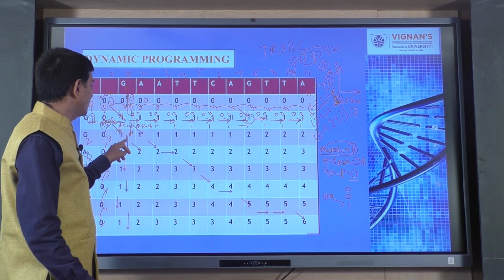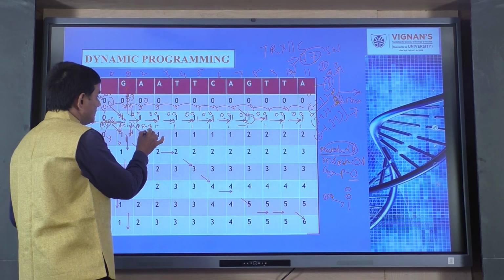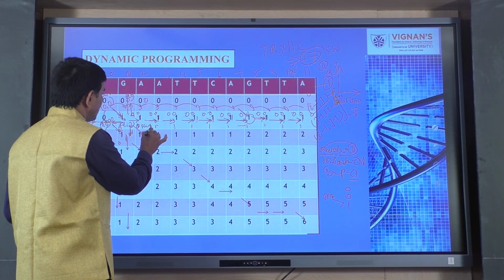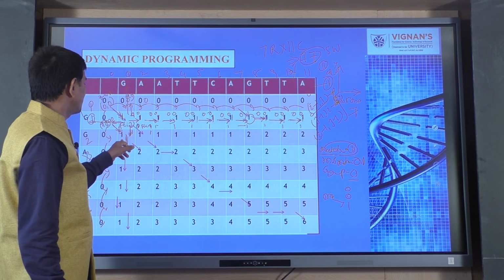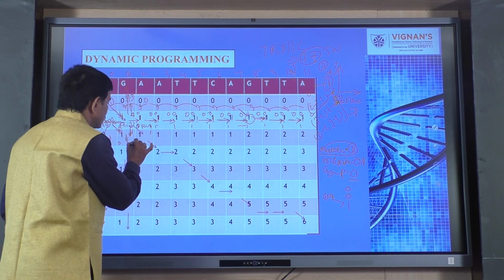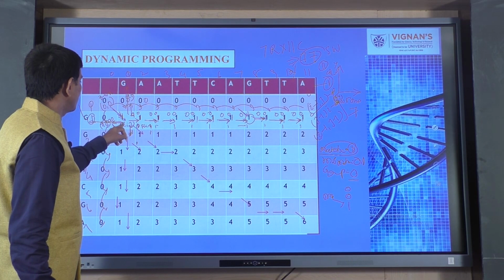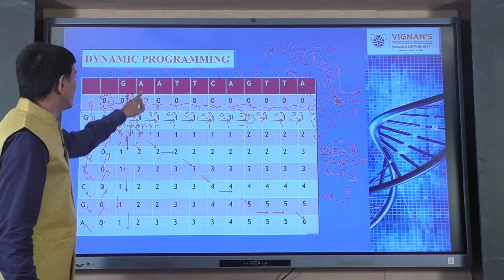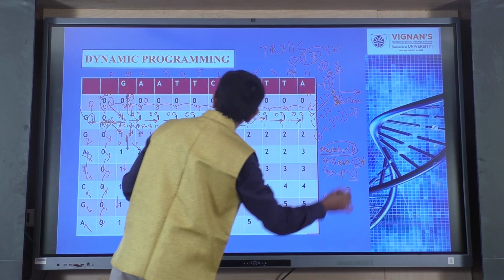So, here we are assigning the value of 1 for this particular cell in the matrix, and coming to this cell, change in row gives us I minus 1 comma j is 1. So, it gives us the value of 1, right, and coming to the change in column, the value in I comma j minus 1 is 1, so it is 1, and then coming to this diagonal I minus 1 comma j minus 1, the value is 1, and then row coordinate is G, column coordinate is A, mismatch, the value for mismatch is 0.